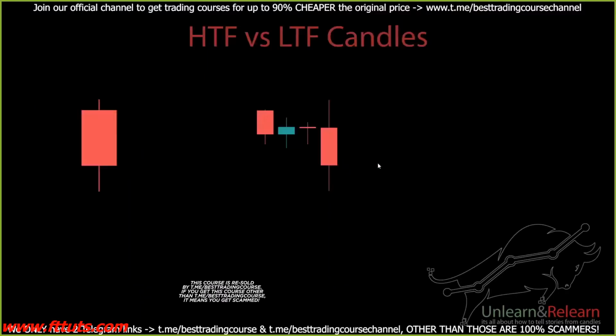So next we have the 4-hour candle and the 1-hour candle, right? Just by looking at the 4-hour candle right now, what's the probability of the next 1-hour candle going down? It's pretty high, right?